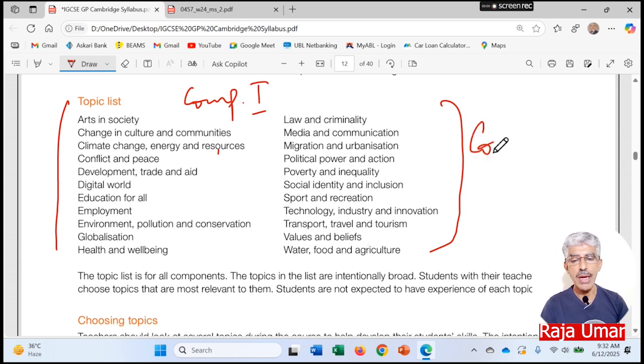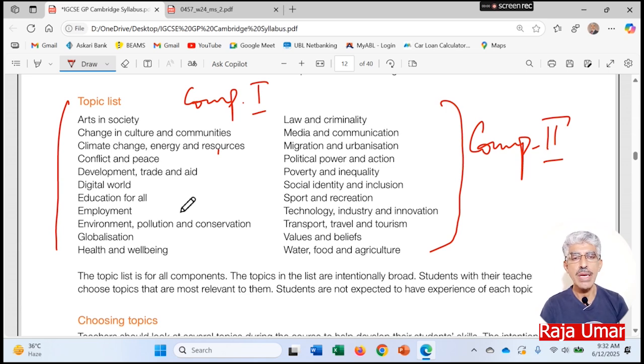In the same way, for Component 2, you have the liberty to choose any of these topics and make your individual report on that topic. So you have some sort of liberty in Component 2: your own choice, your own interest, in which topic you want to conduct research.